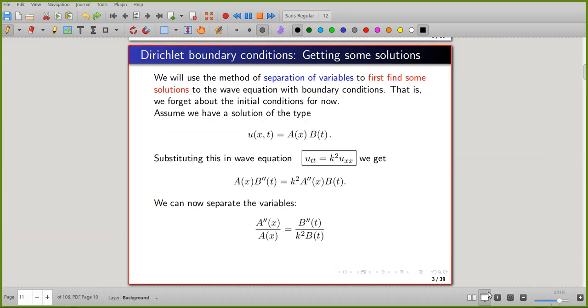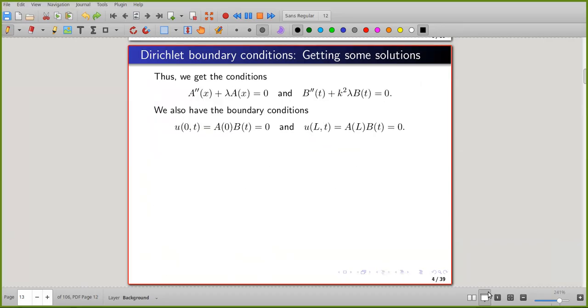And we separate the variables. So the equality is between a function of x and a function of t, so both must be constant. Let's say minus lambda. And therefore we get these two conditions.